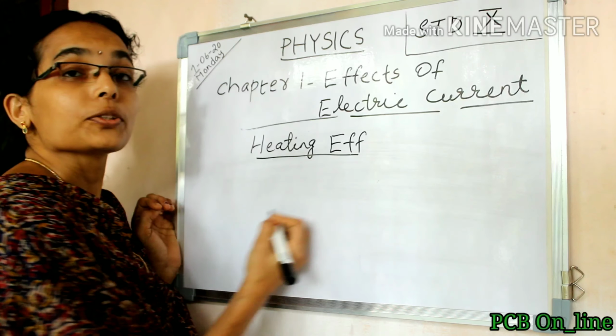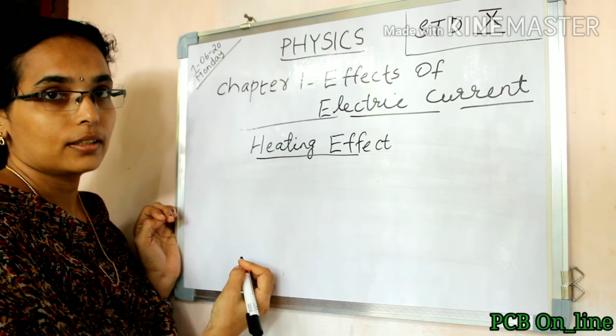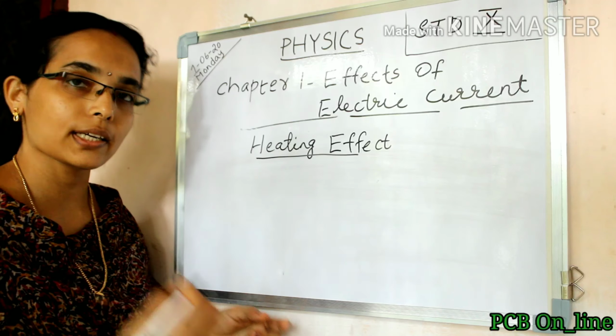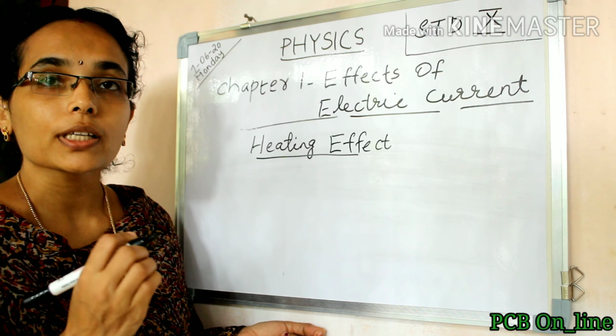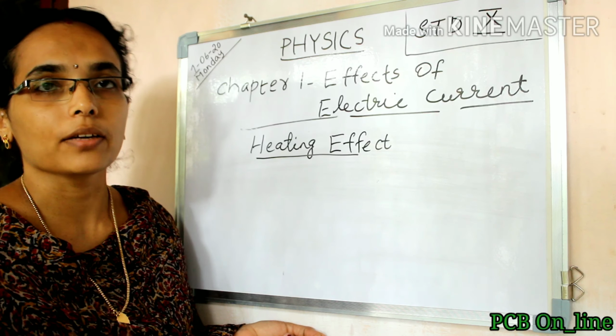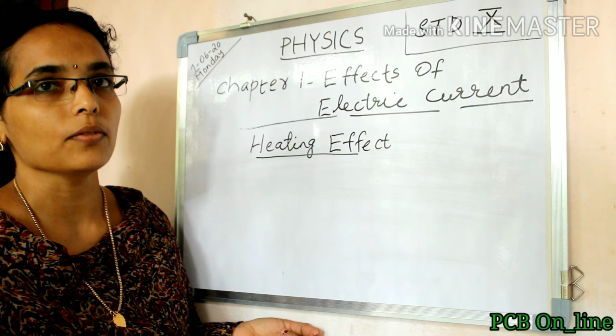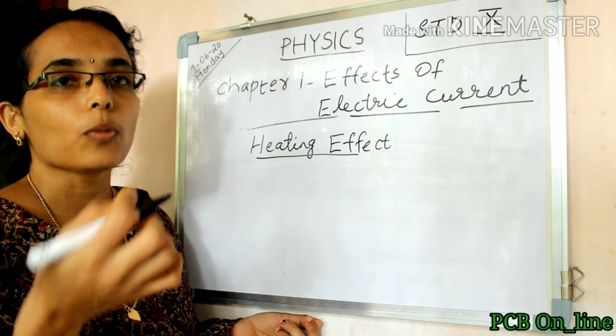Next, we are going to the topic heating effect of electric current. We have already seen that electric current has many effects. The effect means which form of energy we get from that device by applying electricity, the useful form of energy.